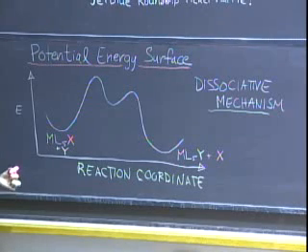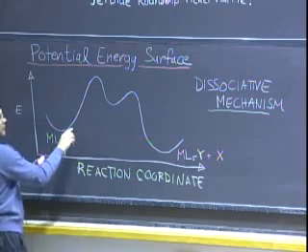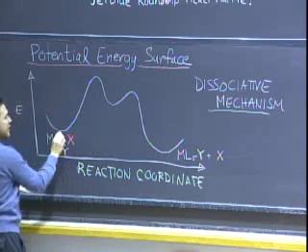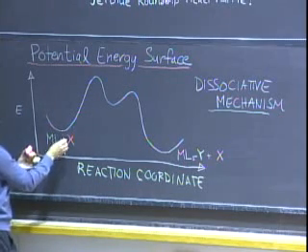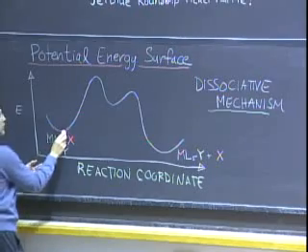Are there any intermediates in the reaction? And so in a dissociative mechanism, what happens is that there is an intermediate, and it occurs here in this intermediate well.